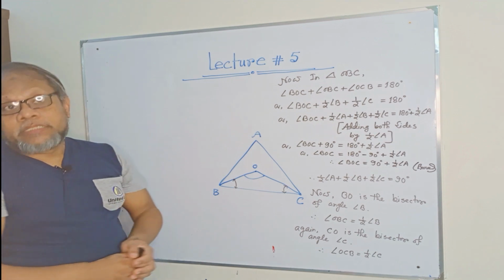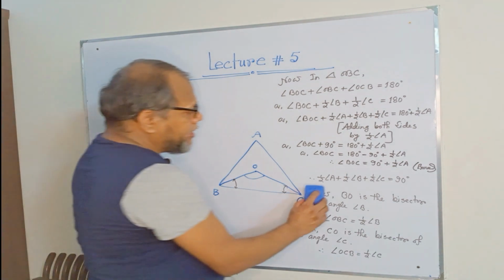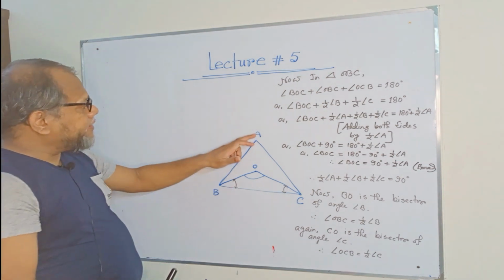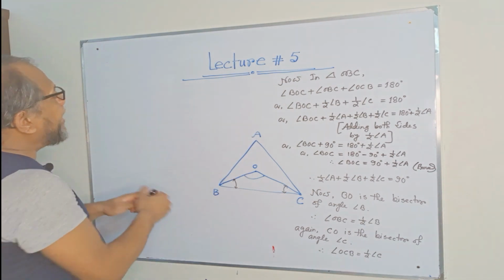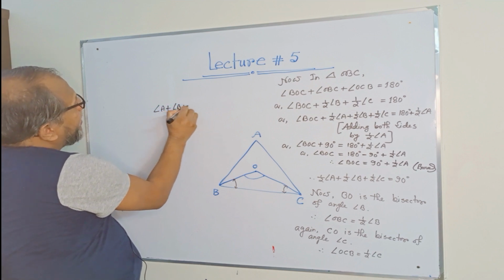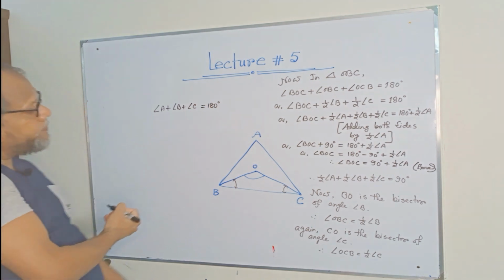We know that the summation of three angles of a triangle is 180 degree. So in triangle ABC, angle A plus angle B plus angle C is equal to 180 degree.